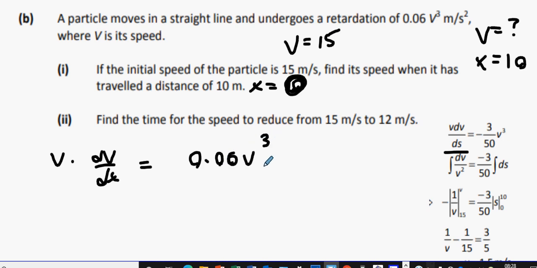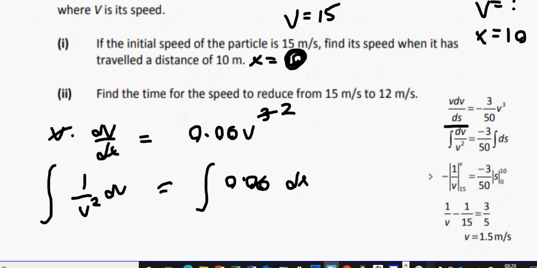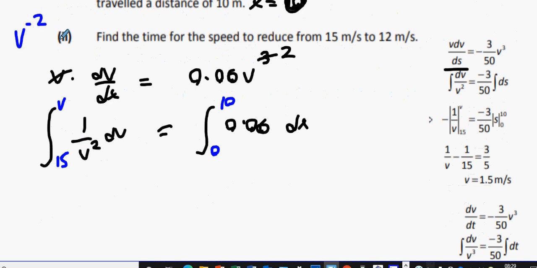You okay with this one? What do we do next? Phi squared underneath. So 1 over phi squared dv equals 0.06 dx, okay? Then what? What do we say? Phi and 15, 0 and 10. Okay. What happens if you integrate phi minus 2? Yeah, which we all know from earlier is minus 1 over phi.